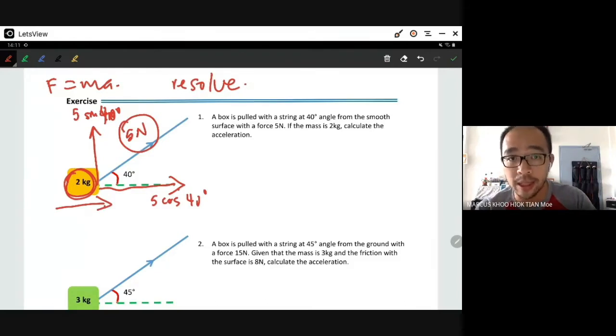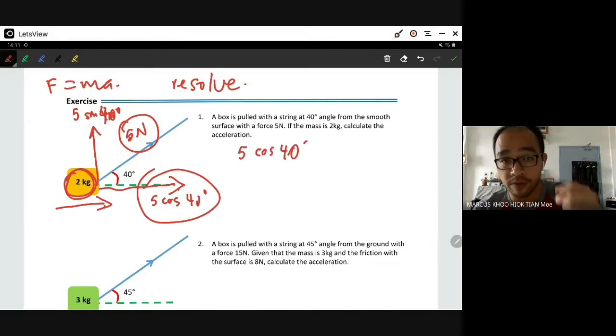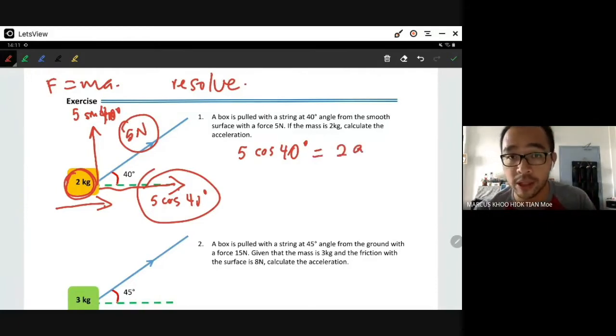So actually the force that we're talking about is only this force, because the acceleration is going to go this way. So the force is 5 cos 40, equals the mass of 2 kg times the acceleration.